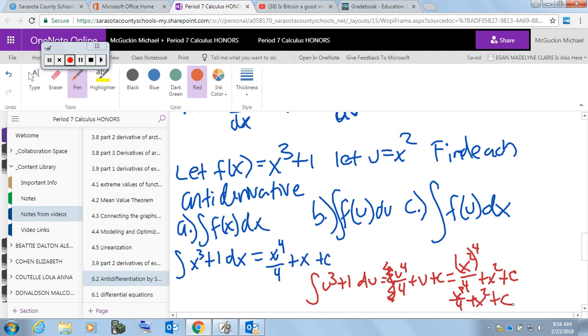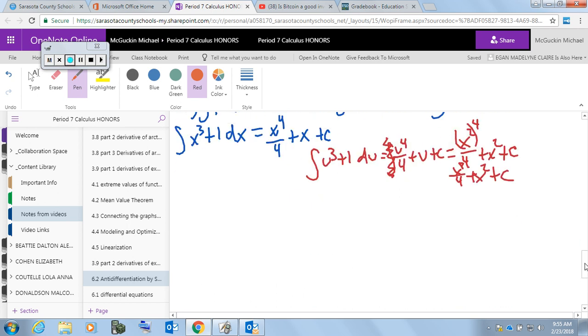So, let's compare the two. A, f of x dx, gave us x to the 4th over 4 plus x plus c. B, f of u du, looks like the same scenario happening. The independent variable u, the differential du, why is this different? Because u had a different goal in mind. U had a goal of equaling x squared. So we have to take that into account when we are taking integrals. And this is where our fundamental theorem of calculus comes into play in an example like this.